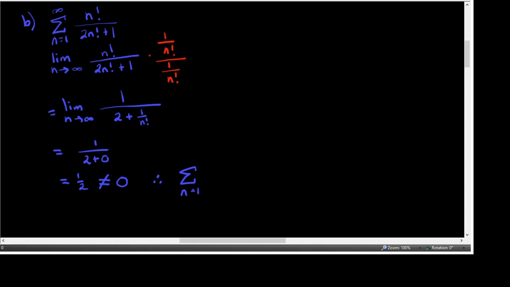This series of n factorial over 2n factorial plus 1 diverges by, and now you have to always give me the name of the test you're using.